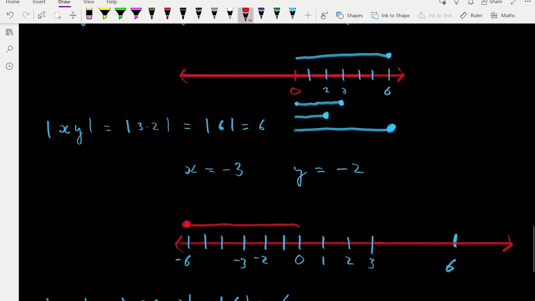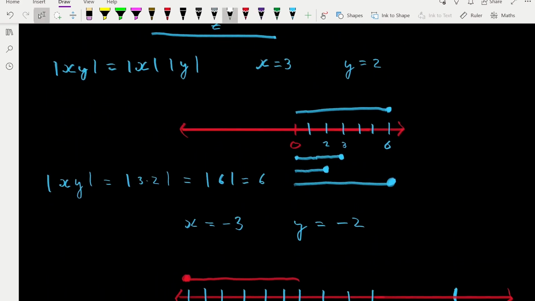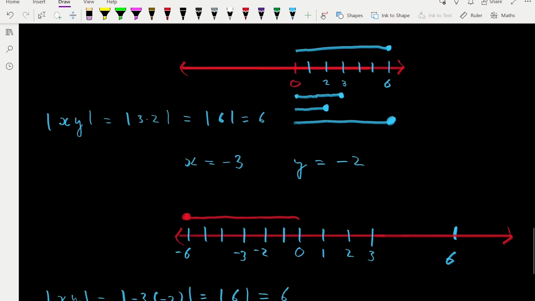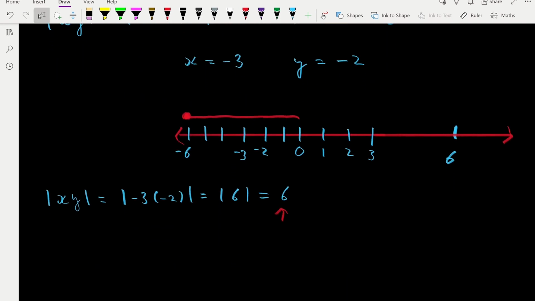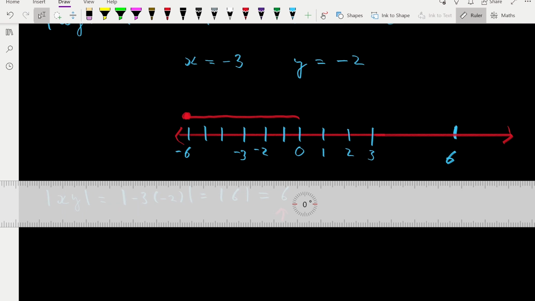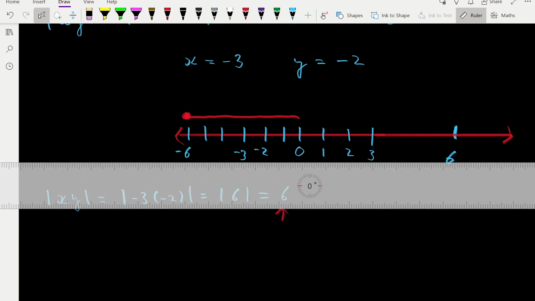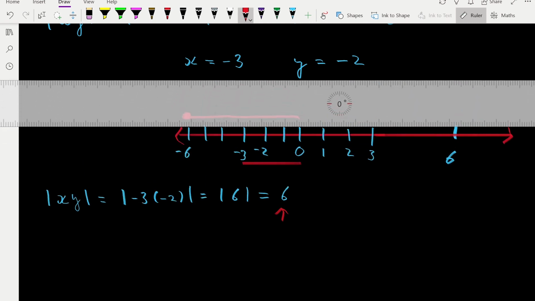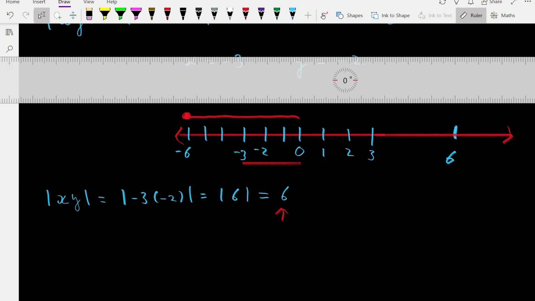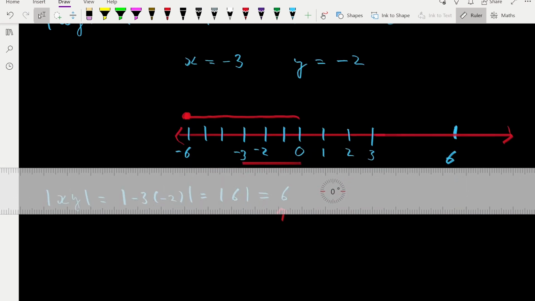But now the left-hand side here. We just considered the case of the right-hand side. Now we're talking about the left-hand side of that property. Another way of doing it would be first to think about how far -3 is from 0. That's like the absolute value of x, because x is -3 in this case.